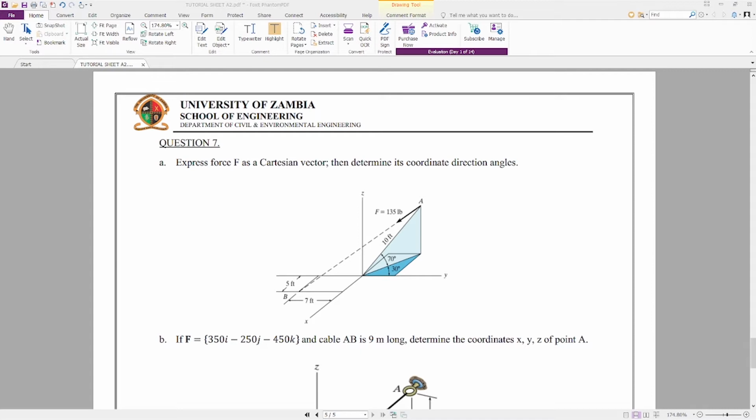In this case we can use either the position vector itself or the force itself, no problem. We'll find the magnitude of the force and then find the direction angles. Anyhow, let's go.